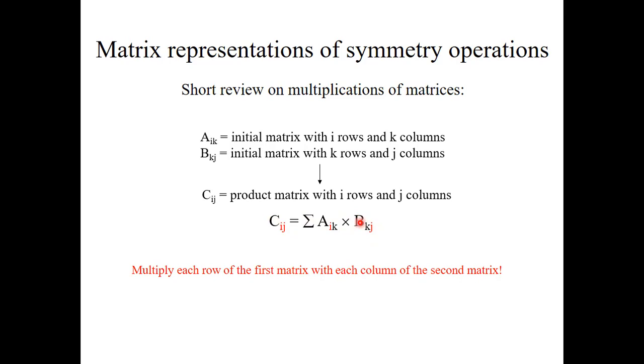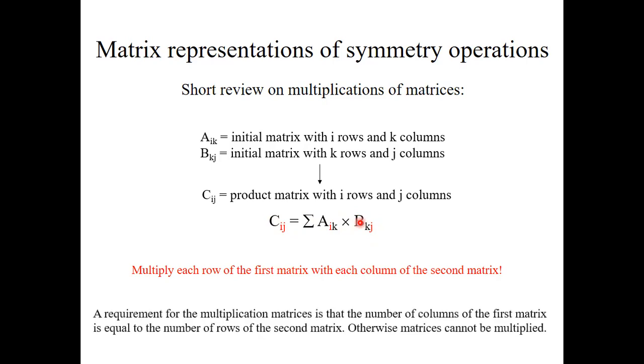So it's important to realize that we can only multiply two matrices with each other if the number of the columns of the first matrix is equal to the number of the rows of the second matrix, because only in this case the matrix multiplication rules can be applied, meaning that only then we can multiply each row of the first matrix with each column of the second matrix.